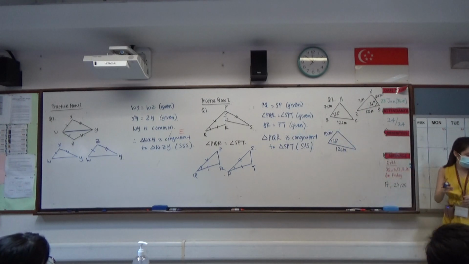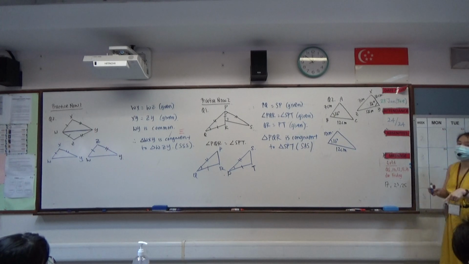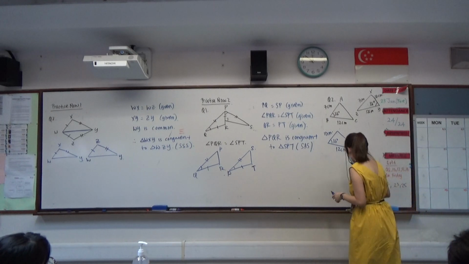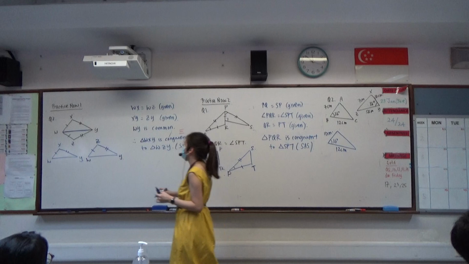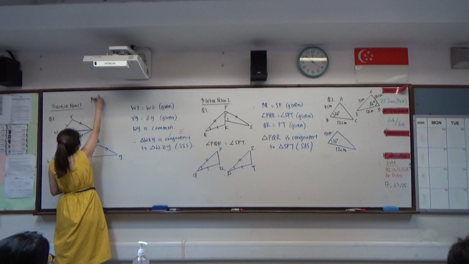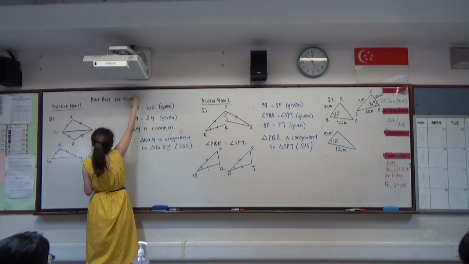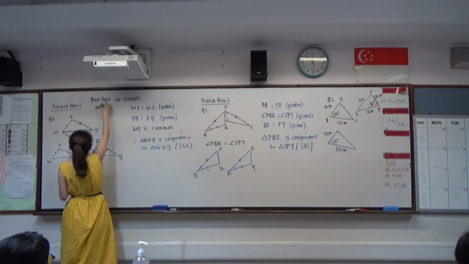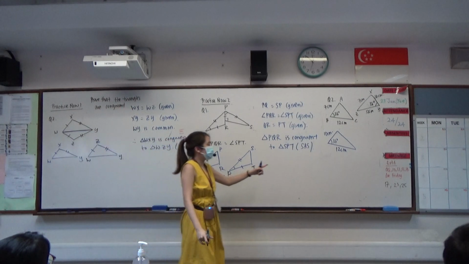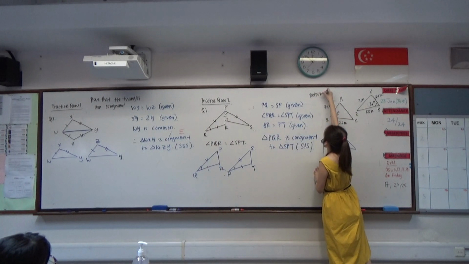Because this question asks to determine whether they are congruent, whereas the previous two questions ask you to prove that they are congruent. I don't know whether you notice the difference in the questioning. Practice now 1 and 2 asked to prove that the triangles are congruent, whereas in this question, they asked to determine whether they are congruent.